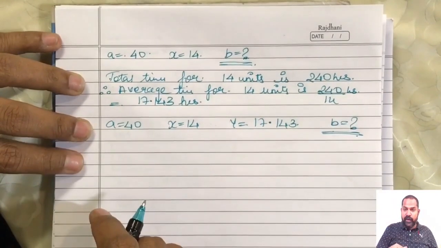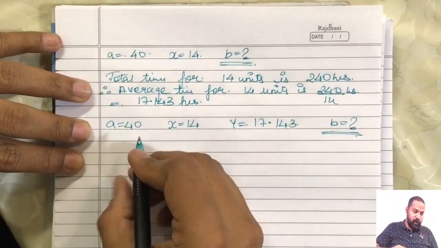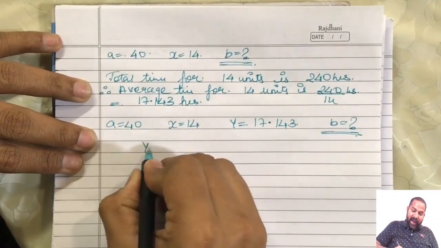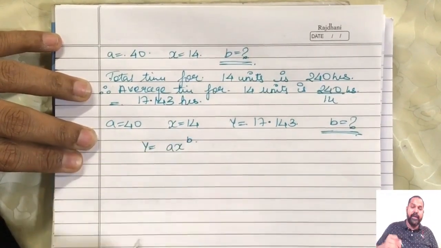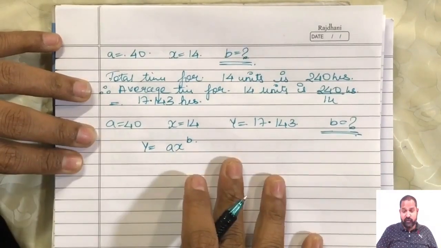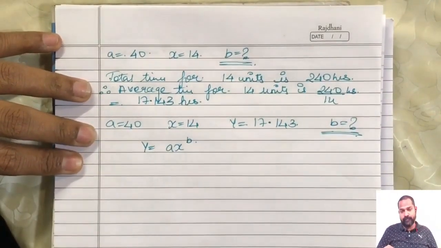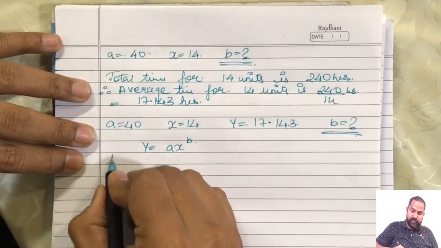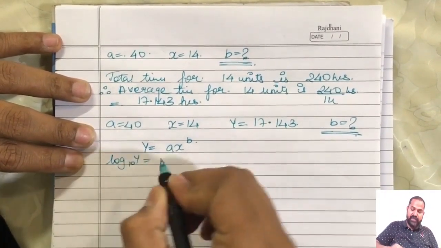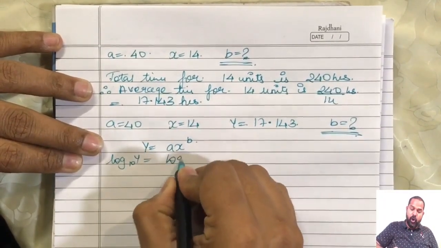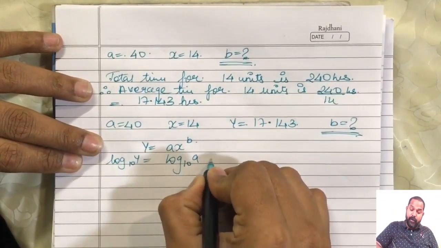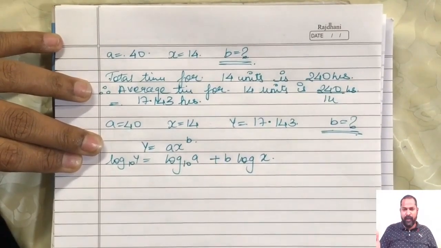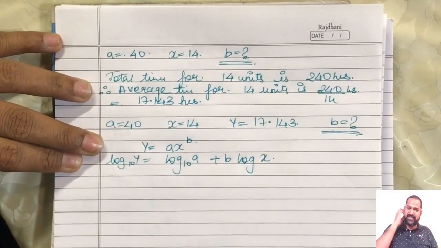I know the usual learning curve model. The usual learning curve model is Y is equal to AX raised to B. I can't work with this because the powers become a problem. So the log based relationship is log Y to the base 10 is equal to log A to the base 10 plus B log X. You can either remember it or apply log on both sides and use log rules.